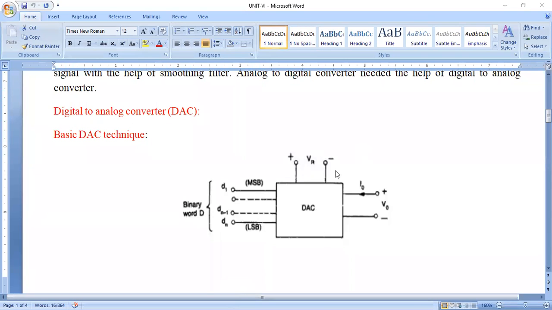With the help of the reference voltage we convert the discrete binary word into an output voltage signal. So before going to analyze this, let us see the discrete analysis in this topic of digital to analog conversion technique.